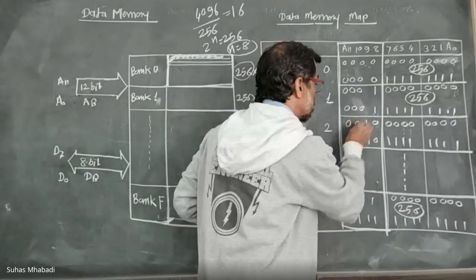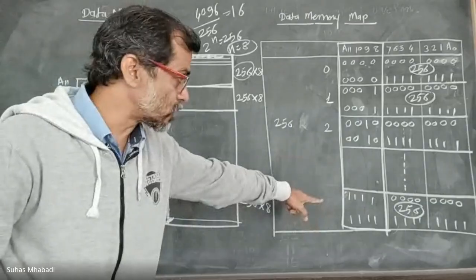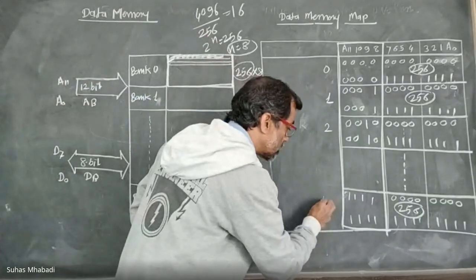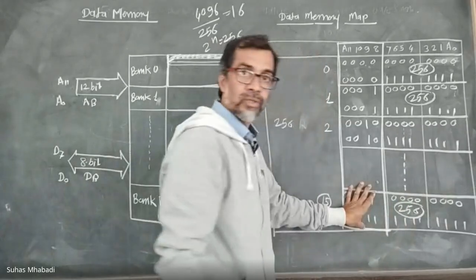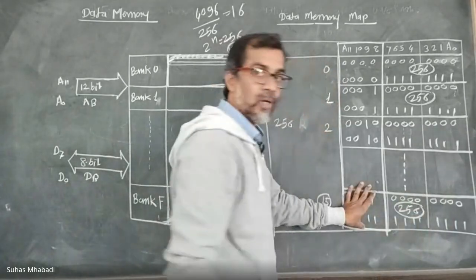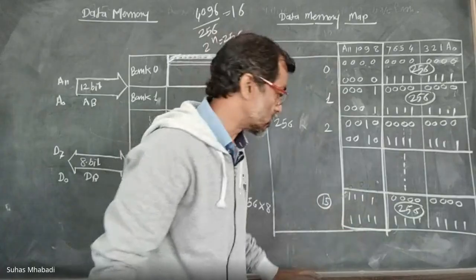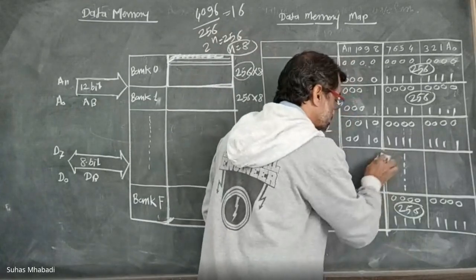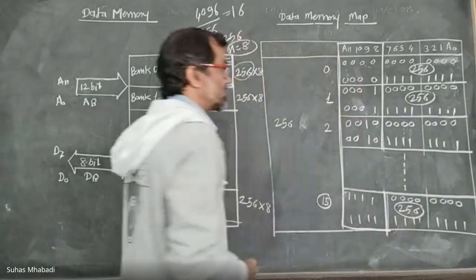So starting from 0000, in that way, if I see the last one, bank number 15, the first address is 0000, last address is 1111, but the bank address is 1111 to 1111. So in that way, we try to define the bank.